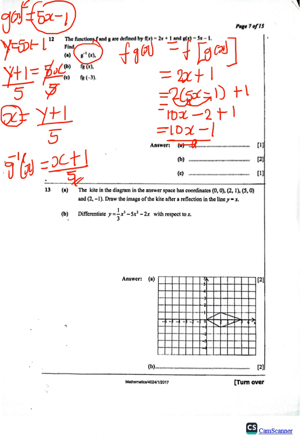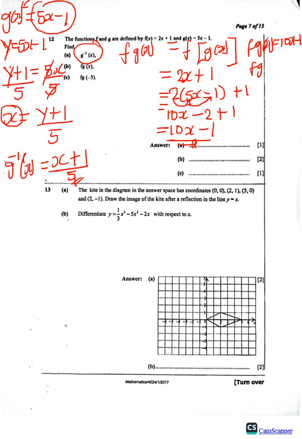Okay, let's find now f of g of, so this function, now we have a number. f of g of x we have found is 10x minus 1.